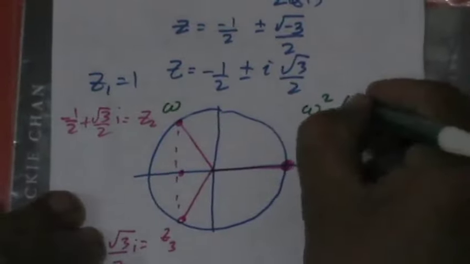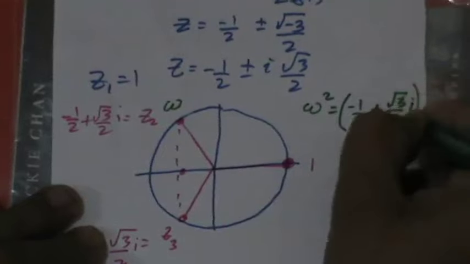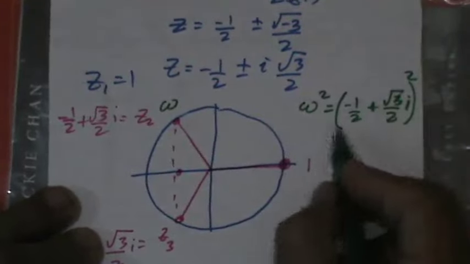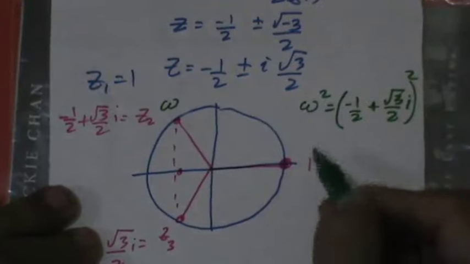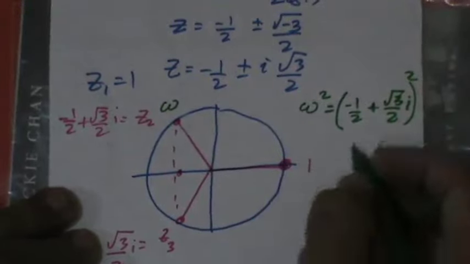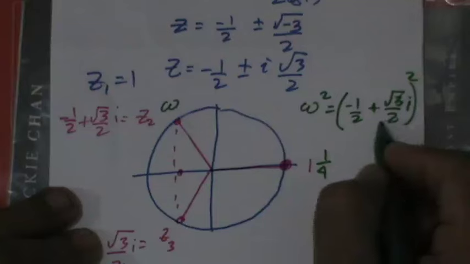The space is not enough, but let me just try to write it here. If I want to square this one, what will happen? When you square that, this is going to be negative 1/2 squared, that's 1/4. Then 2 times negative 1/2 times this one.